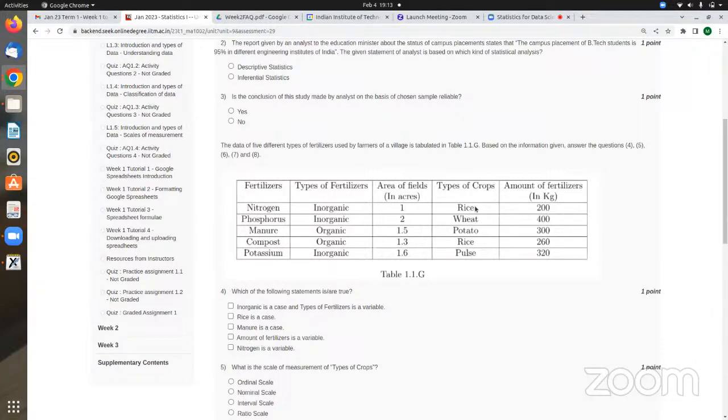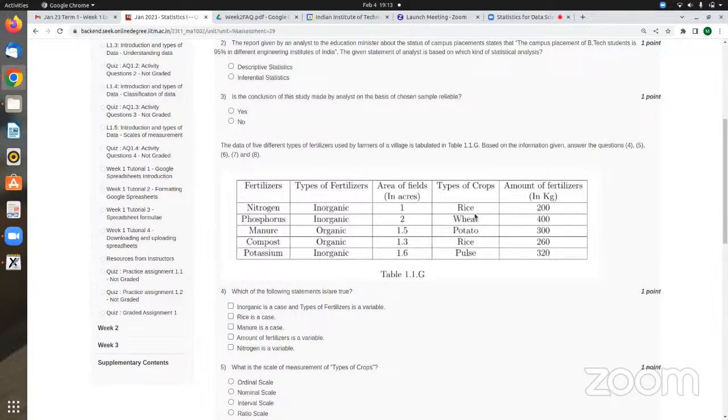And the most important part is it is not unique. I think in the previous session I have explained about it. If there is only one rice, it should be unique.